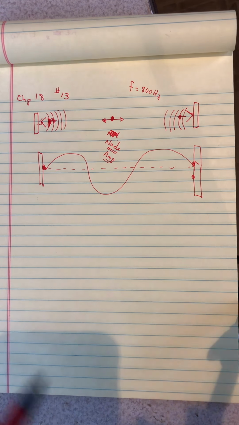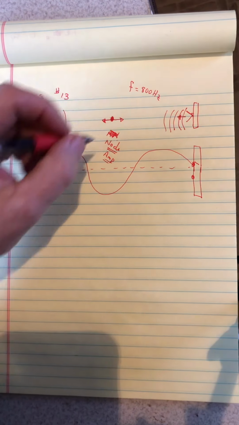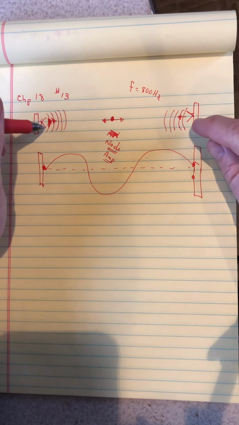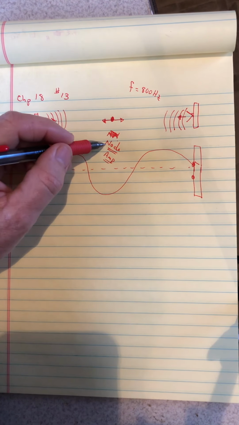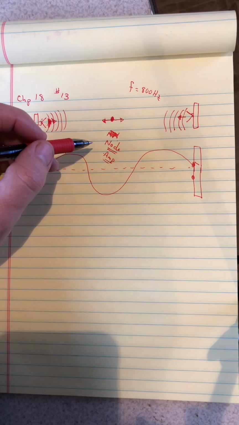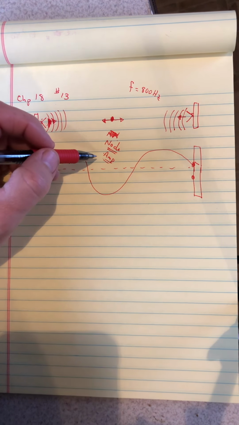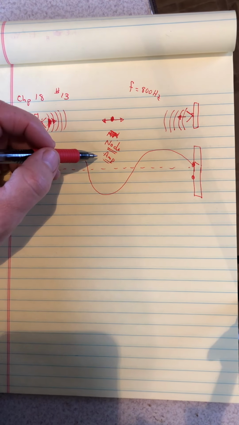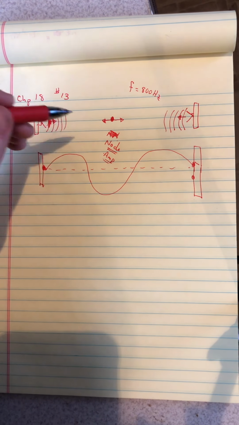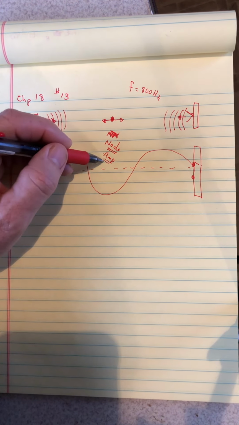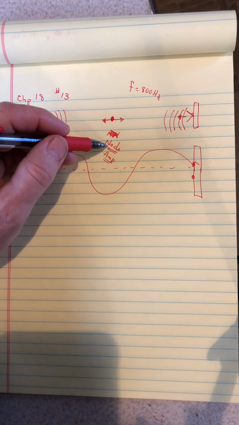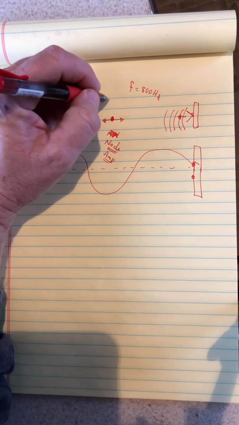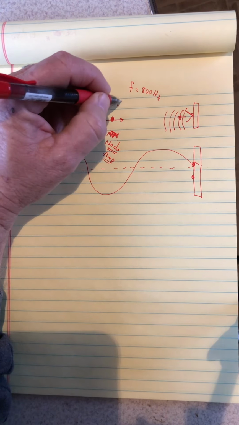Okay, so I'm trying to point out here that I could conclude where there is a node for the amplitude wave. And since the amplitude wave and the pressure wave are out of phase, when the amplitude wave is a node, then the pressure wave is an antinode.